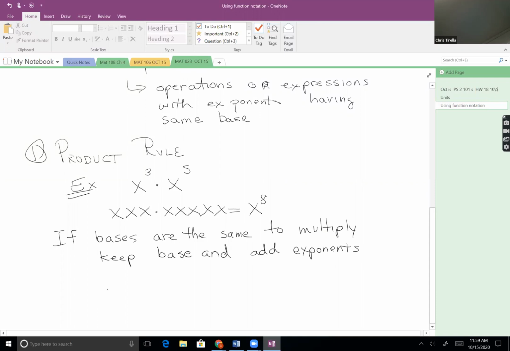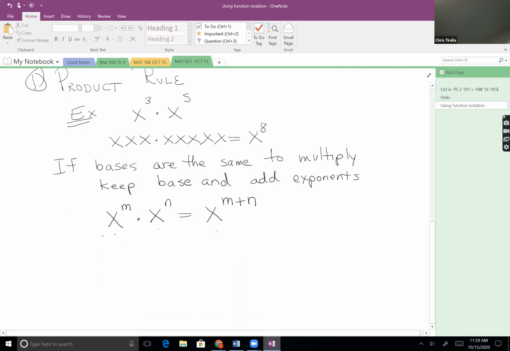Or in general, we'll say if I have x to the m times x to the n, that product gives me x to the m plus n. And again, my bases have to be the same and they stay the same. And if I'm taking the product, if I'm multiplying, I add the exponents.